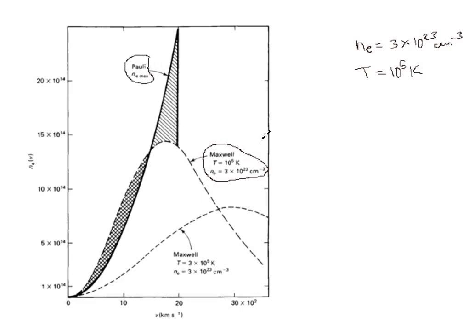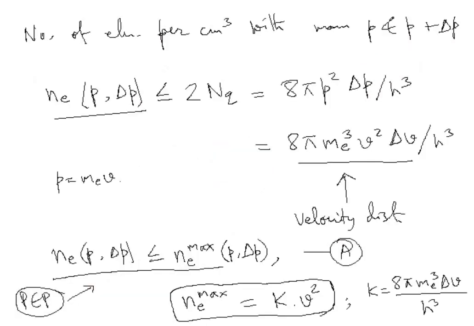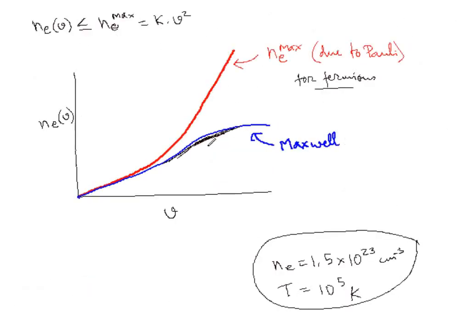Let me compare to the previous sheet again. Here the Maxwell value, the number of electrons, never crossed over to this side.